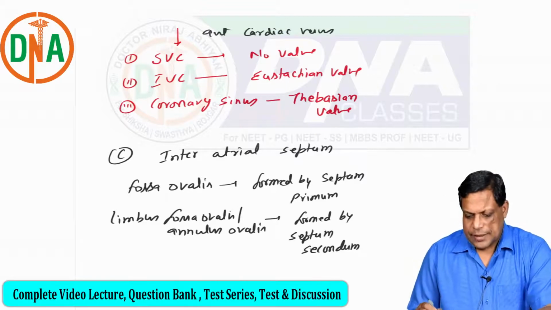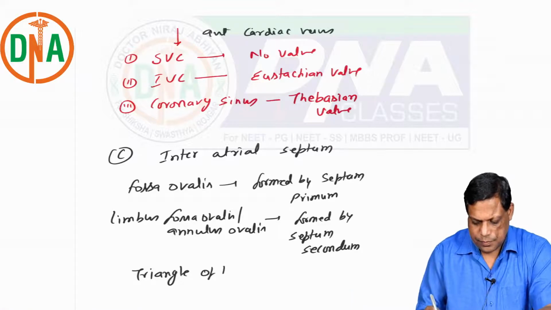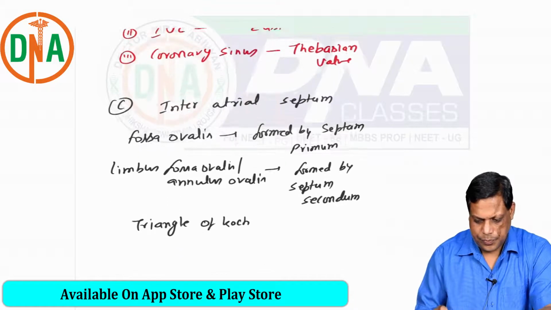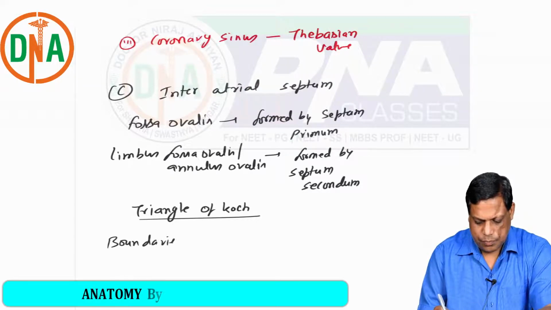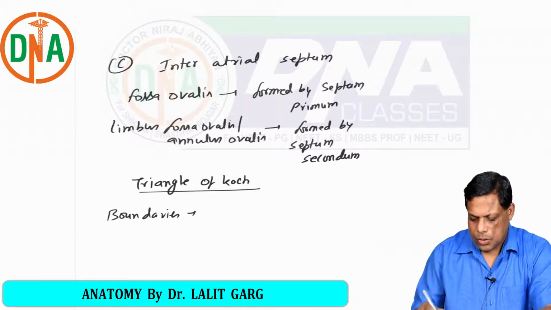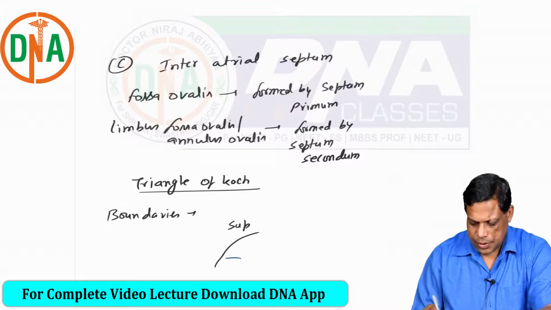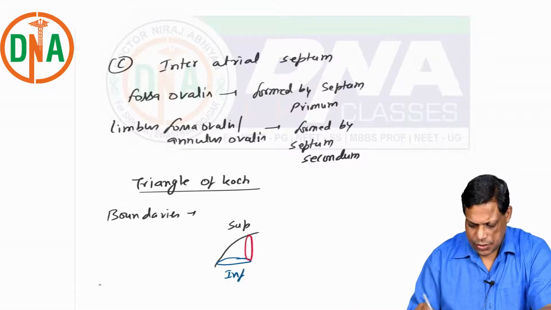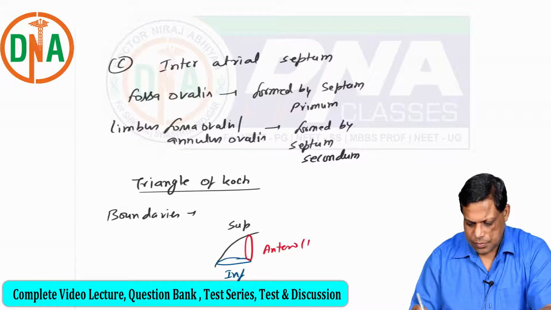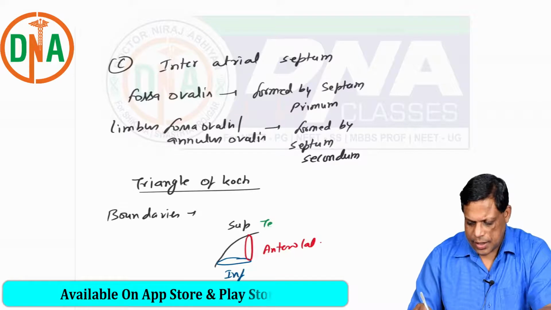Now, another feature present in the interatrial septum is the triangle of Koch. What are the boundaries of the triangle of Koch? Superiorly it is bounded by the tendon of Todaro.